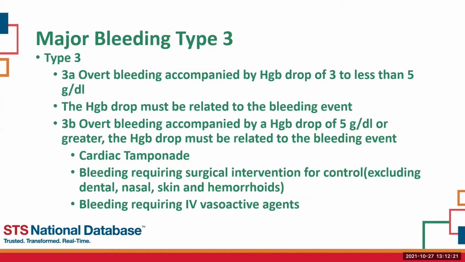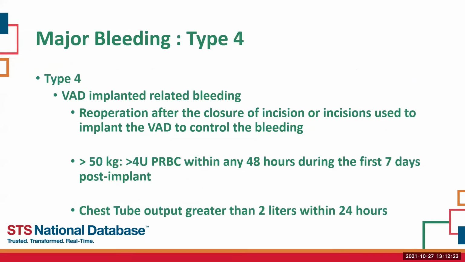Next, we'll review type 4. Our major bleeding type 4 is VAD implant related bleeding. So reoperation after the closure of incision or incisions used to implant the VAD to control the bleeding. And then if the patient is greater than 50 kilograms, if greater than 4 units of packed red blood cells within any 48 hours during the first 7 days post-implant.